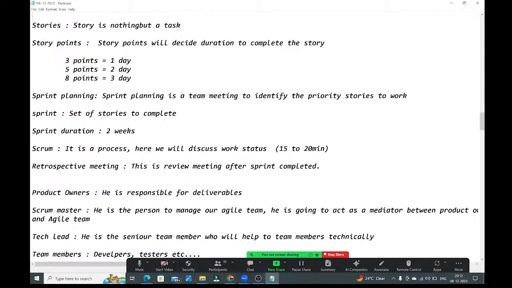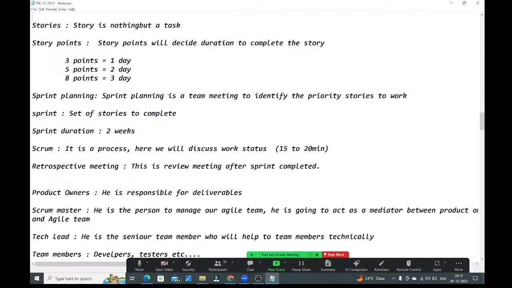And every time we need to change the status. Initially the stories are in open state. Whatever story is created initially, that is open state. If a story is in open state, it means no one has started working on it. It is assigned to so-and-so person, but he has not started, so it is still open.